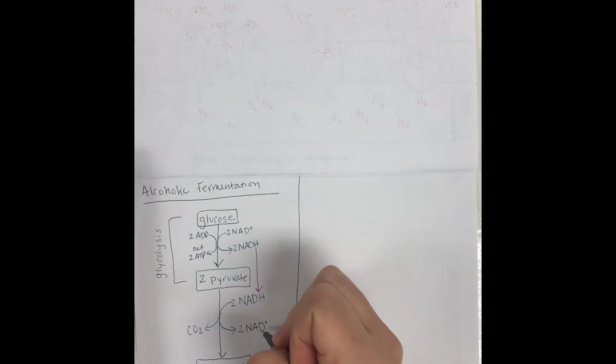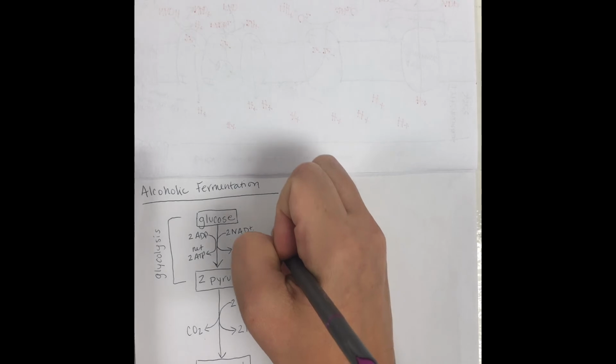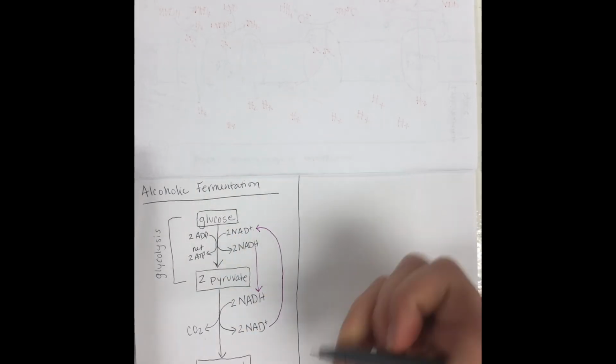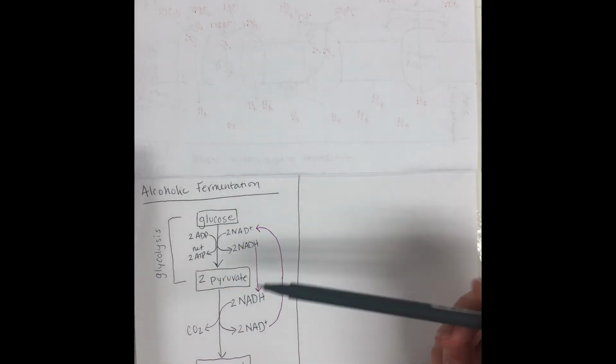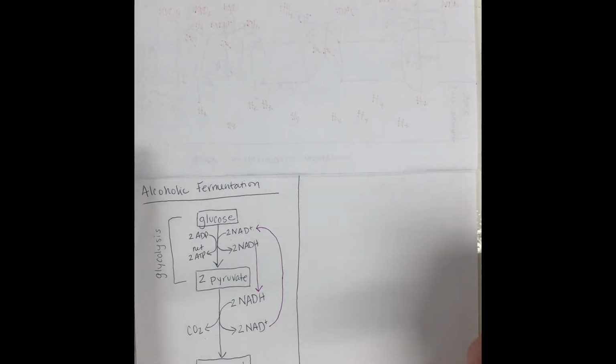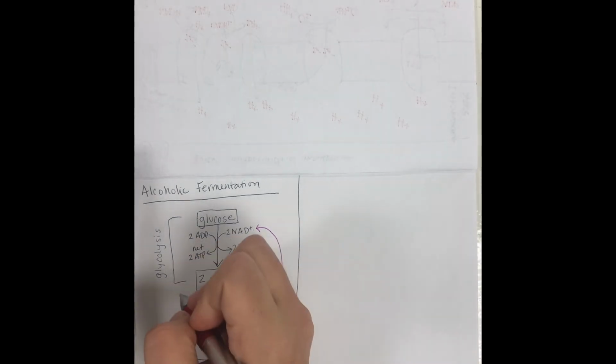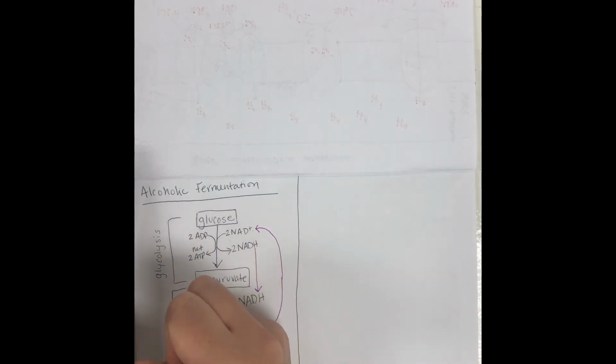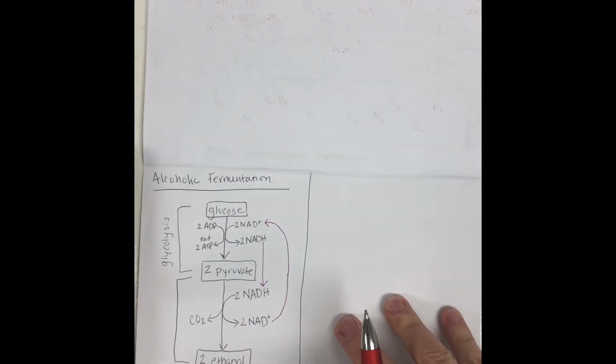Then these NAD pluses are going to go back and be used with more glucose to form this 2 ATP in glycolysis. So this process here is called fermentation.